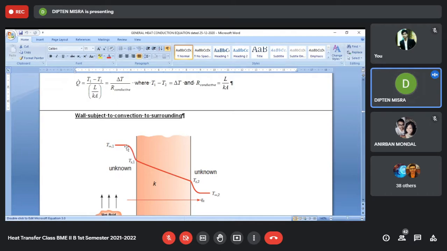Now if we record the temperature, although the temperature far away is constant, near the wall we can observe a sharp or rapid change in temperature. In this case the temperature is decreasing, because the heat goes only in the direction of decreasing temperature. Here also, if we measure, the temperature drops rapidly, but some distance away it becomes constant.